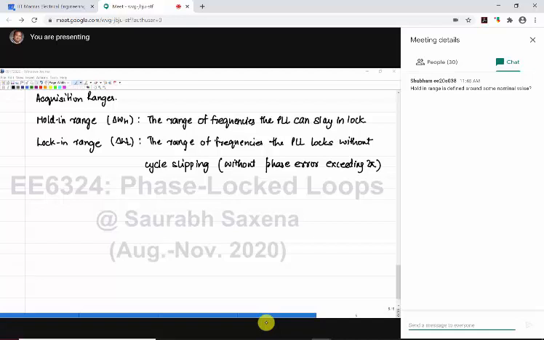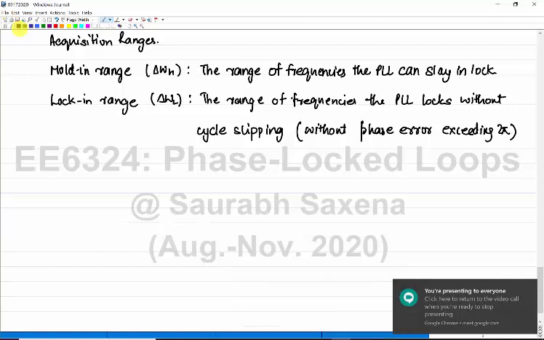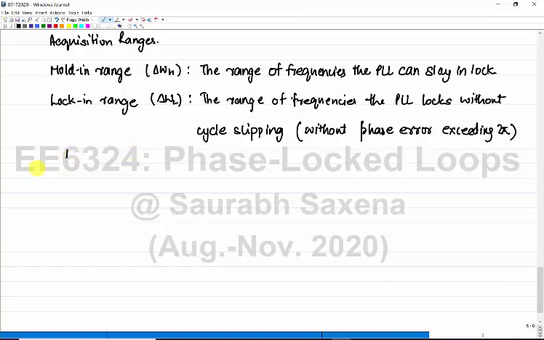Okay, so it's like this. It will become more clear when we have an example here. So as I told you, let us pick up an example. Let us say I am plotting omega in and omega out.